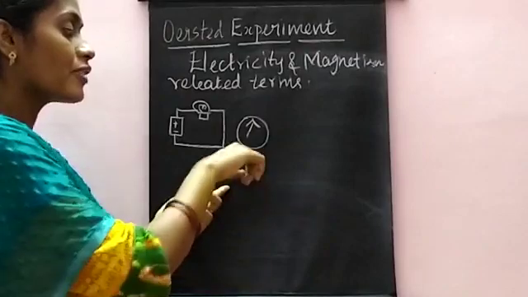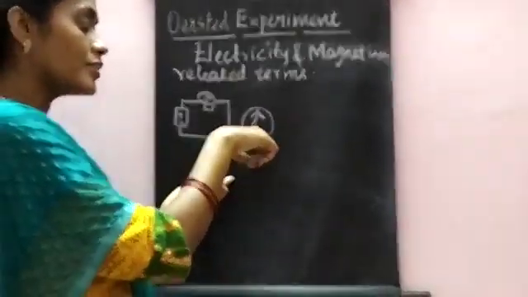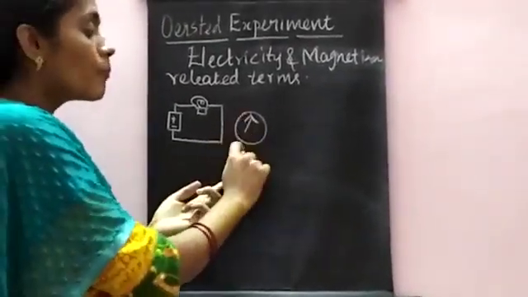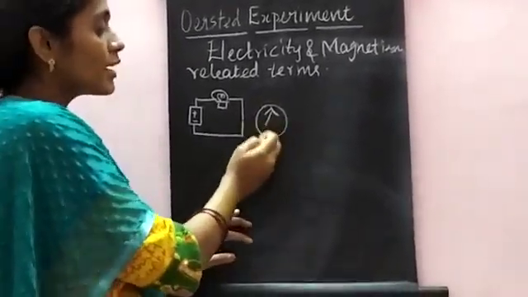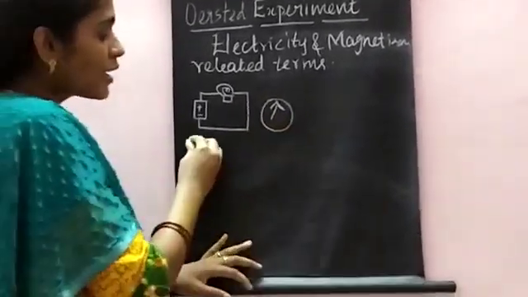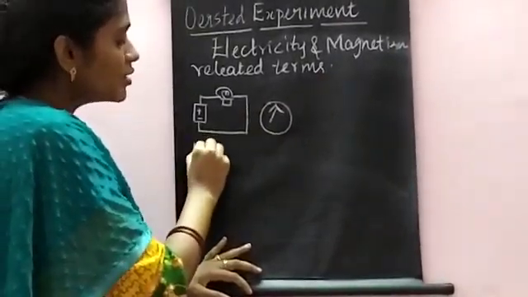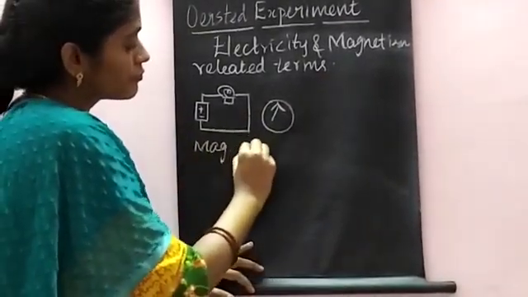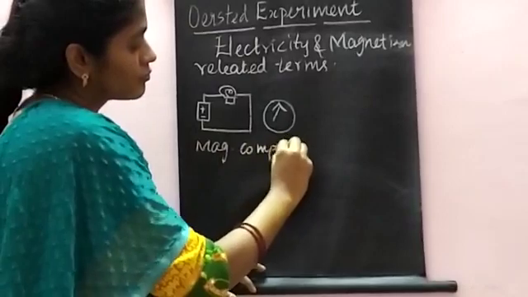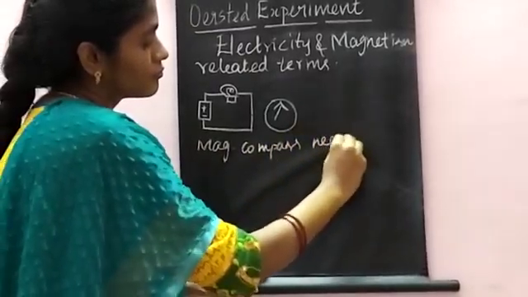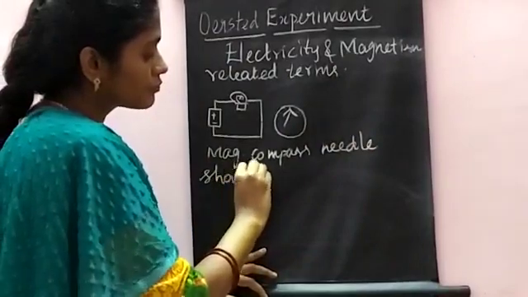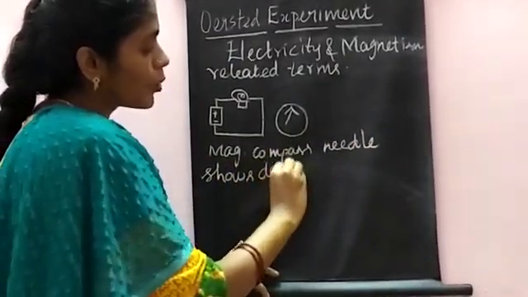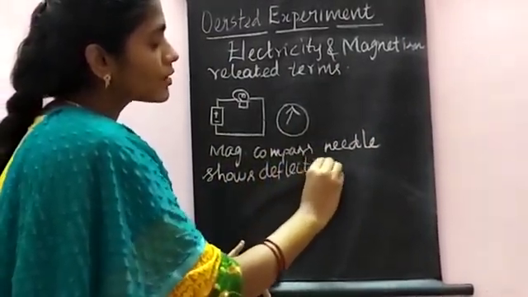Whenever we place a magnetic field near the magnetic compass needle, it shows a deflection. So in that experiment, he found that the magnetic compass needle shows deflection when we switch on the battery.